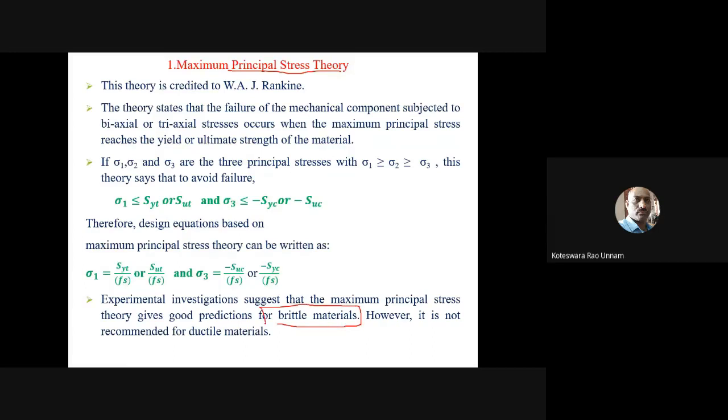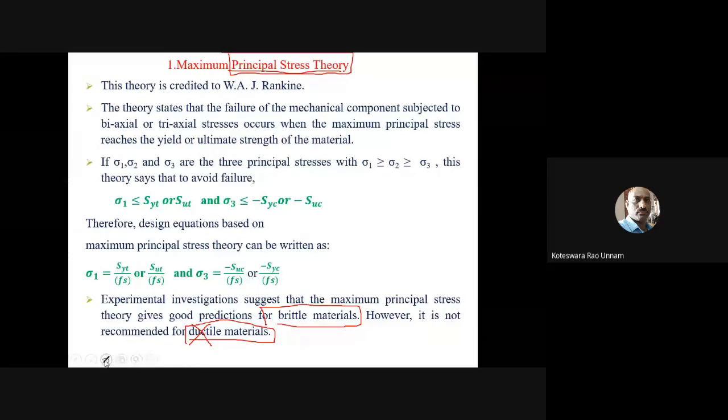You can apply it for ductile materials also, but in that case the predictions made by Rankine theory are not accurate enough compared with the experimental investigations. That's why in most practical cases, this theory is used only for brittle materials.